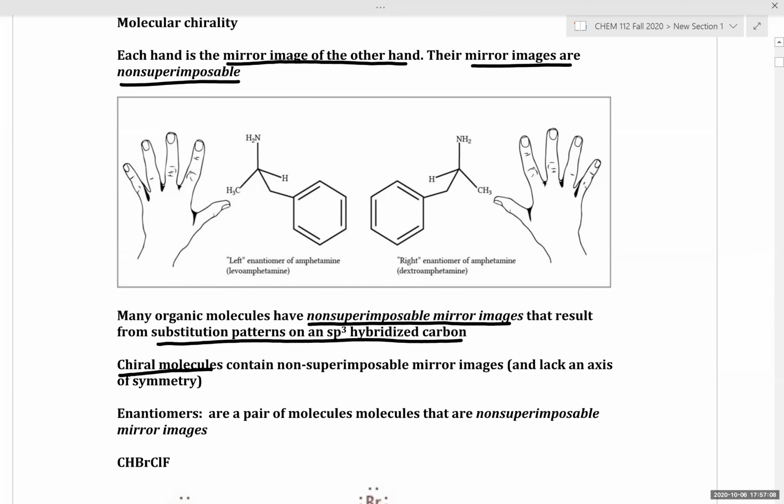Chiral molecules contain non-superimposable mirror images and by definition lack an axis of symmetry.